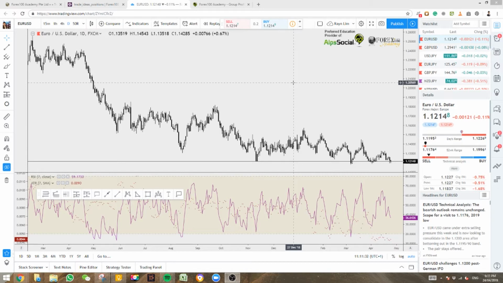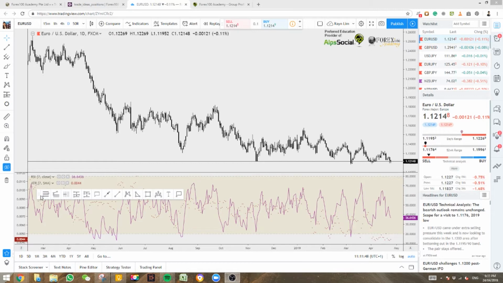We can use it across all platforms as well. Euro dollar on the daily chart: we are running through 12 currency pairs across 3 time frames with 10 trading strategies that I'm using. Basically it's harmonic pattern as well as structured trading as a whole.